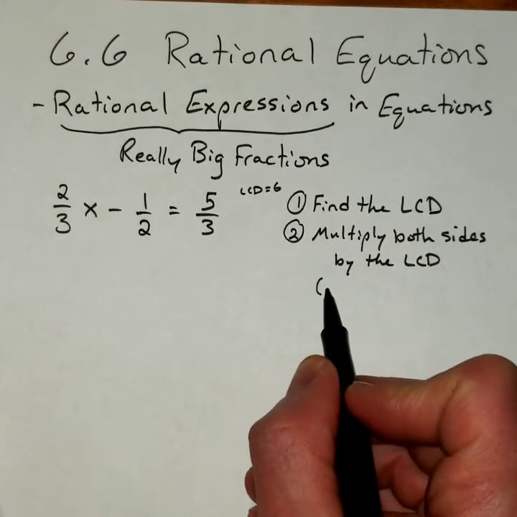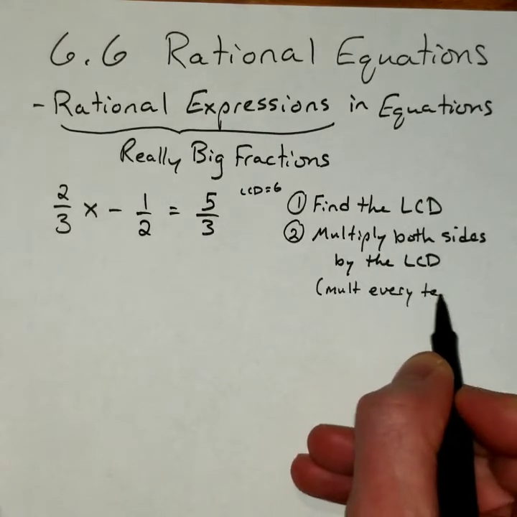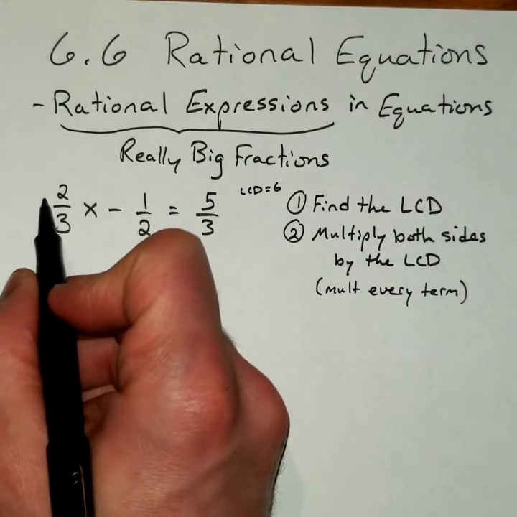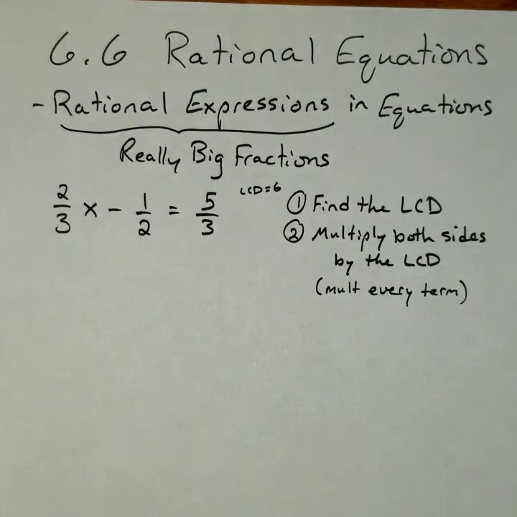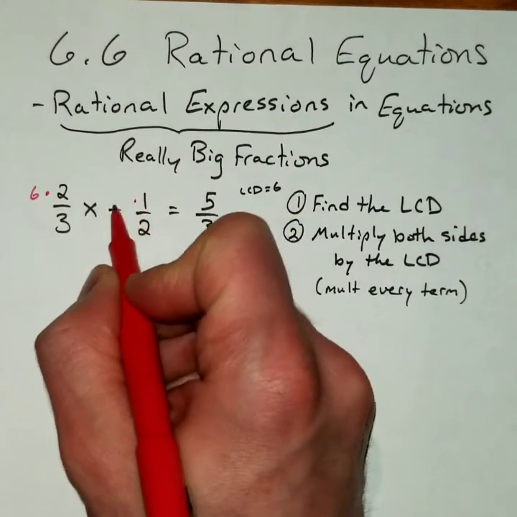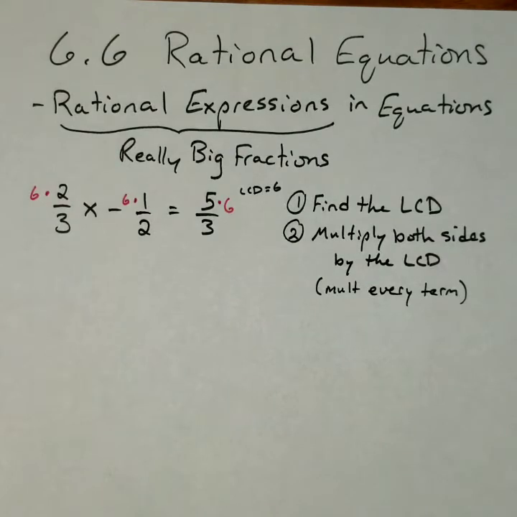So I'm going to take the 6 and multiply it to every term. Let's multiply 6 on the first term, 6 on the second term, and 6 on the third term. Now remember that 6 is only multiplying the top because essentially it's 6 over 1, so the 1 would go to the bottom. And then we can go through and reduce each of these fractions.